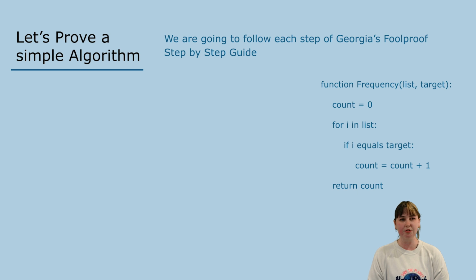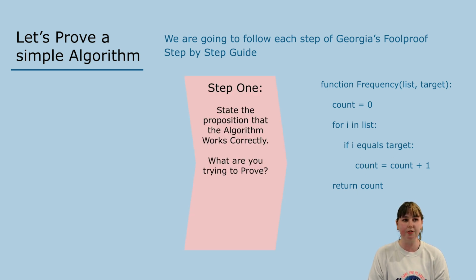And we can infer this from the name, or we can do a trace, or we might have some more information given to us. In this case, we know that it's an algorithm that's counting how many of one thing is in a list, and it's just going to return a frequency at the end. So for step 1, we can write: the algorithm frequency will count how many times a given value appears in the list, and this is the proposition that we're trying to prove.